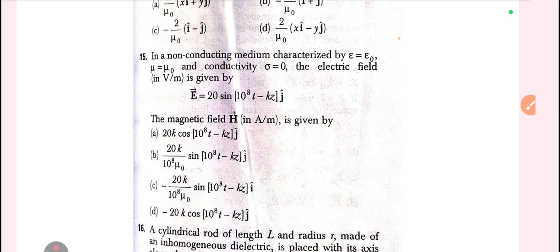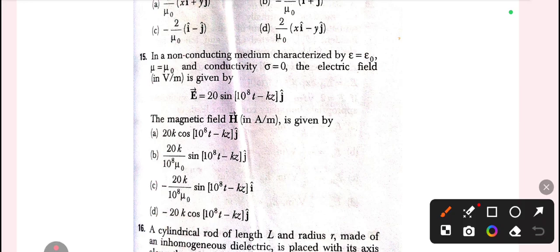Non-conducting medium characterized by epsilon equal to epsilon naught and mu equal to mu naught and conductivity sigma equal to 0. This is the value of the electric field E, and we have to find H. Here the options are given.